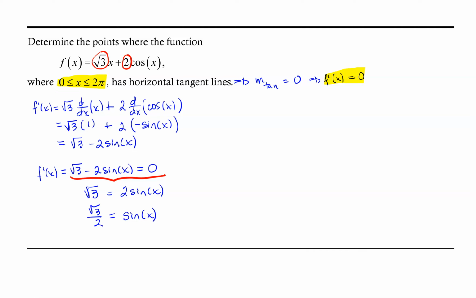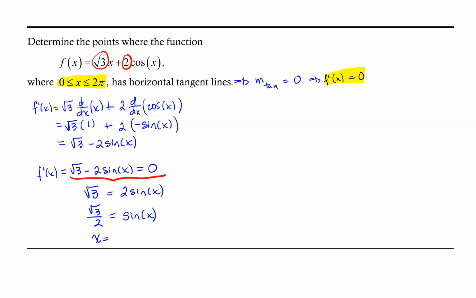And now the question becomes, for what values of x is sine of x equal to square root of 3 over 2? And remember, we're looking at the entire interval from 0 to 2 pi, or you could think of it as we are looking on the entire unit circle. Now in calculus, all of these rules for differentiation, for integration, are based on the assumption that we work in radians.